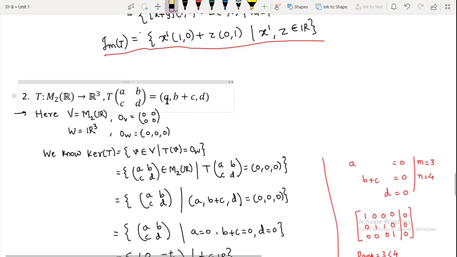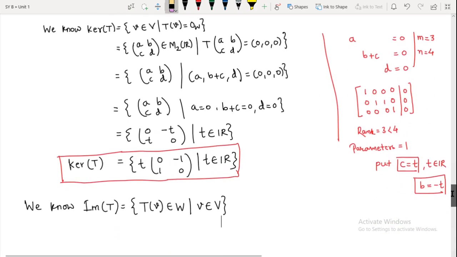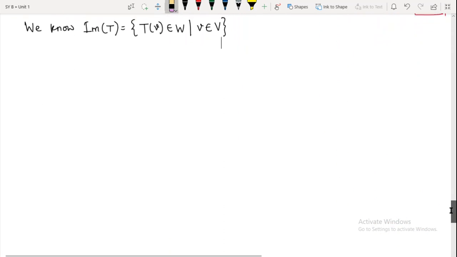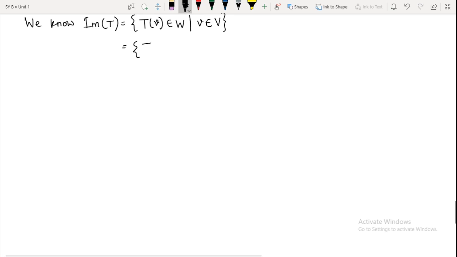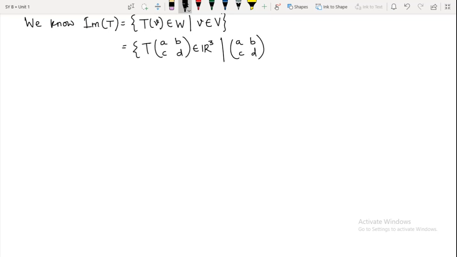So that kind of example also we will see, right? So this is equal to, T of which notation for V? Yes, you are right, A B C D, such that, just a minute, it belongs to what is our W? That is R3, such that our V is A B C D belonging to, and capital V is what? M2 of R.